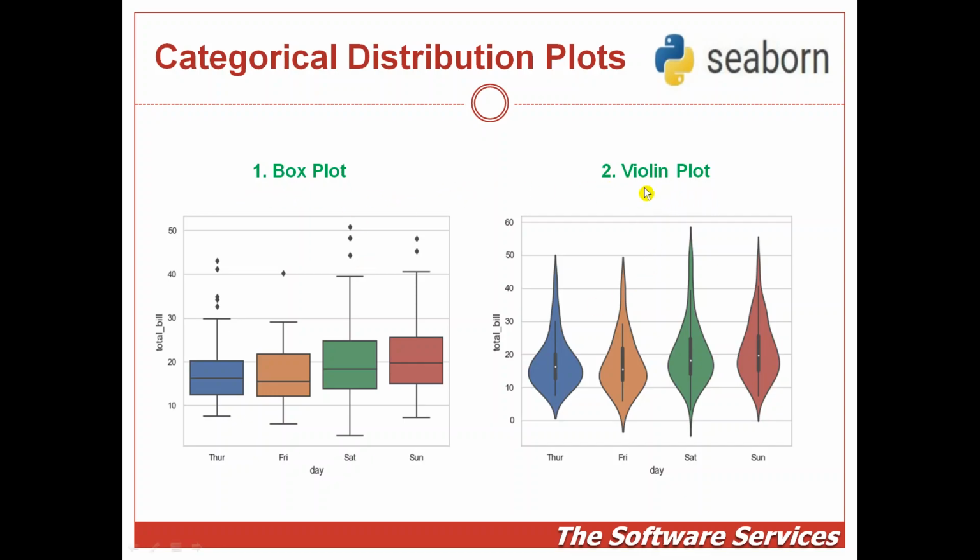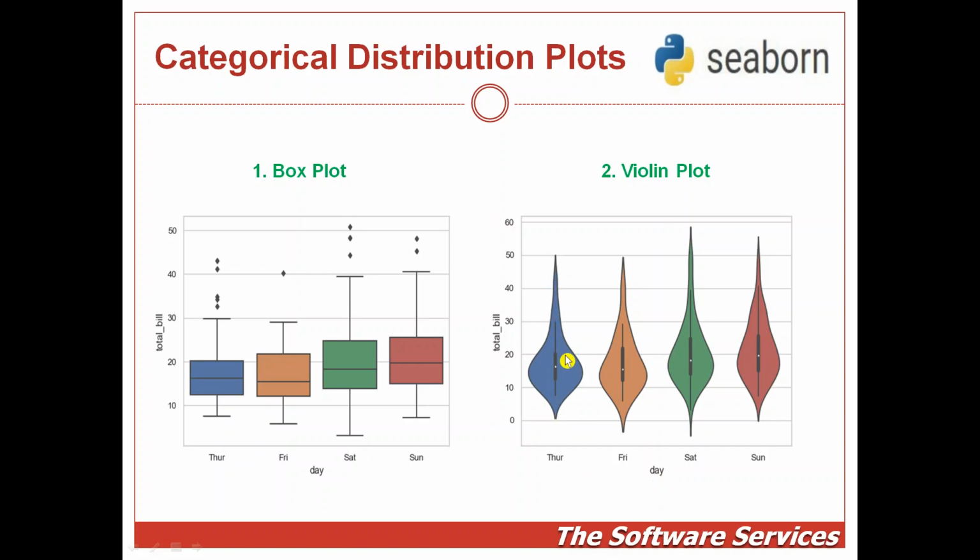And coming to the violin plot. So the violin plot looks like a violin. That's why it was named as violin plot. So this is also a plot between the day and the total bill, but the graph appears like a violin.